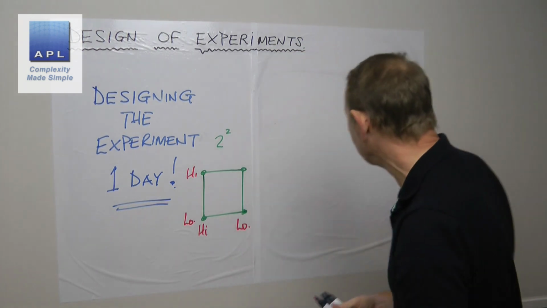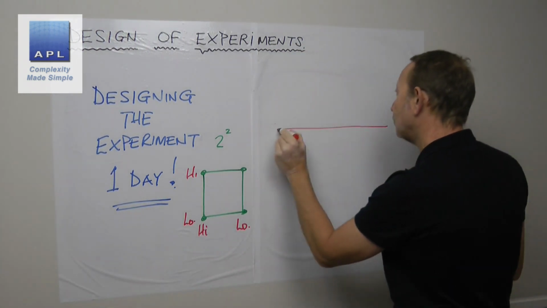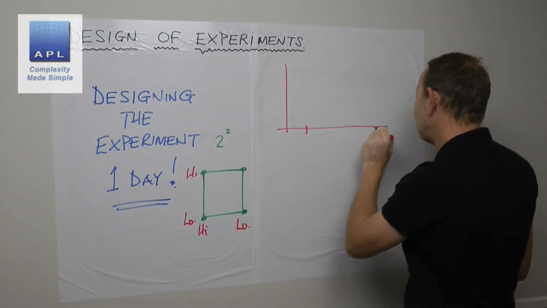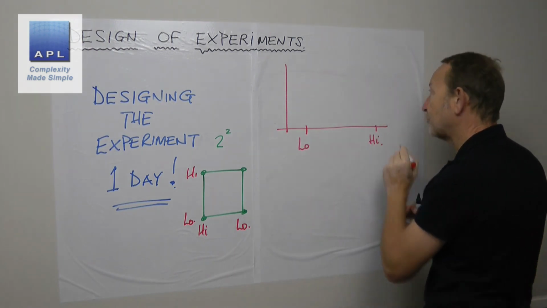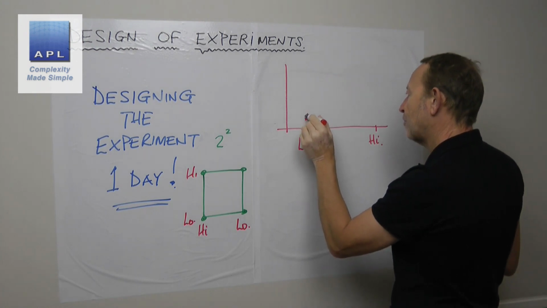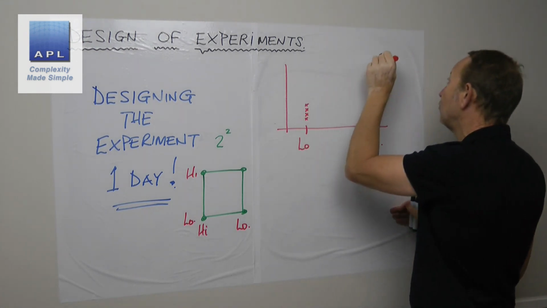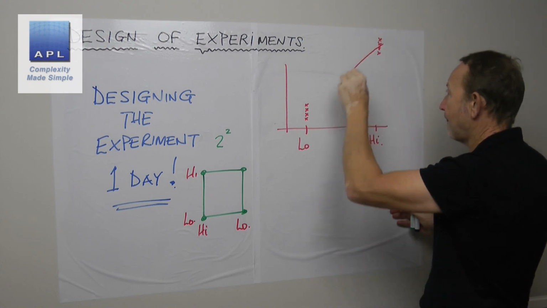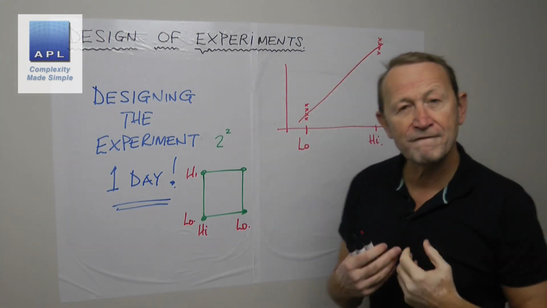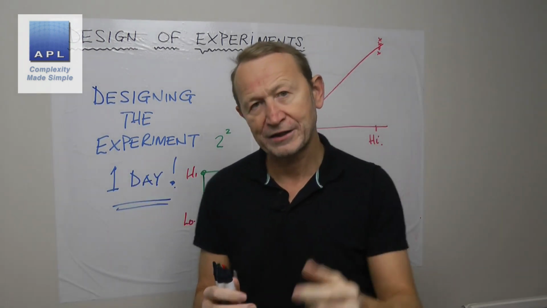So let me show you what could happen. We're going to do a test. We're going to test at the low. We're going to test at the high. So we collect some data at the low. We collect some data at the high. And of course we're going to fill the gap with mathematics.